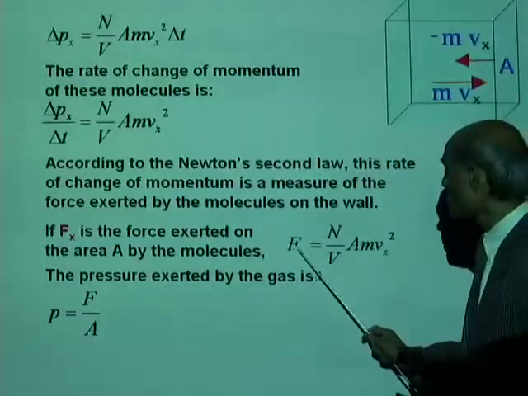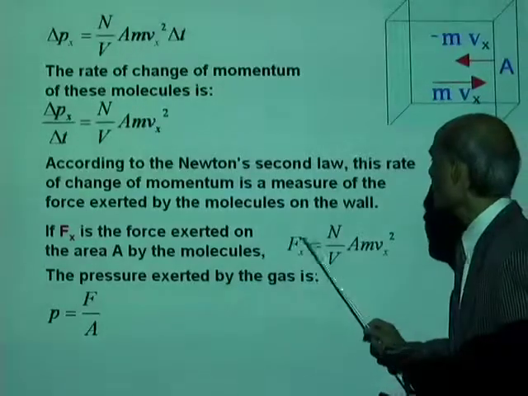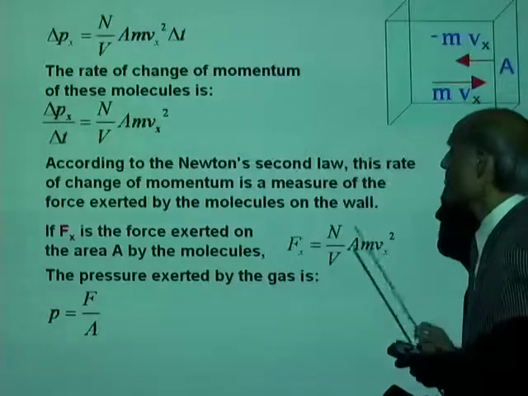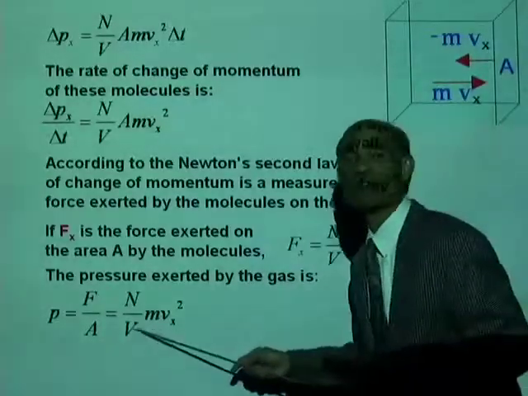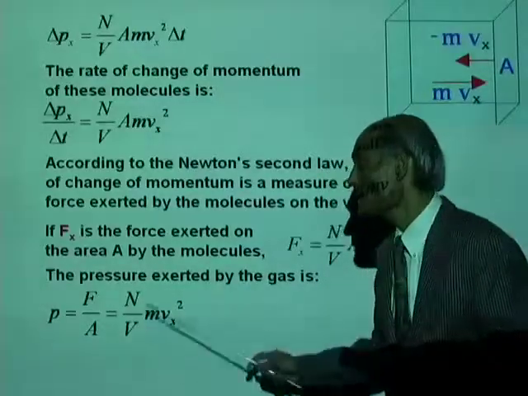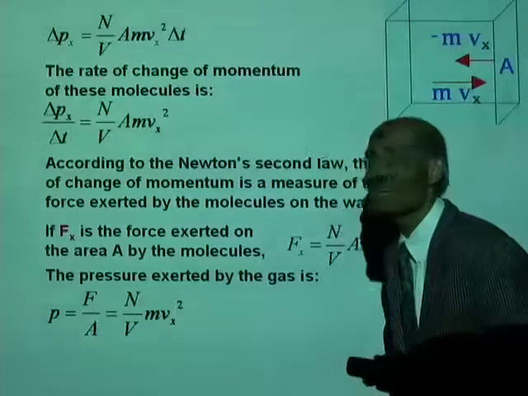So let's divide both sides of this equation by A. Fx divided by A will be N over V m vx squared. So pressure is force divided by A, equal to N over V m vx squared.